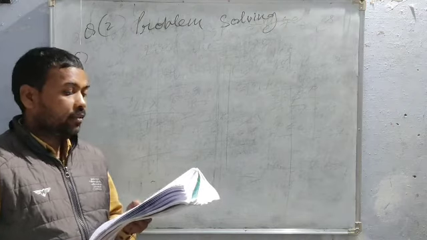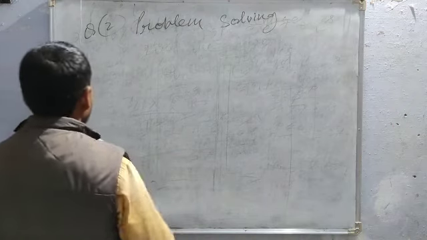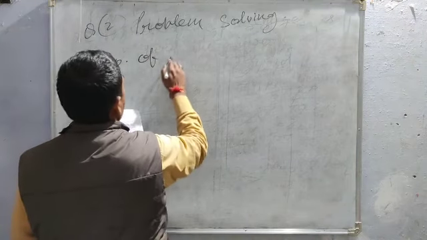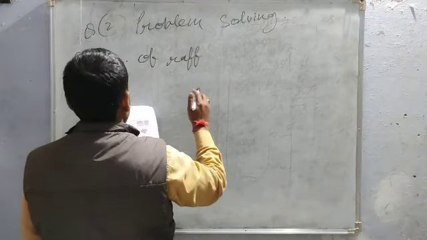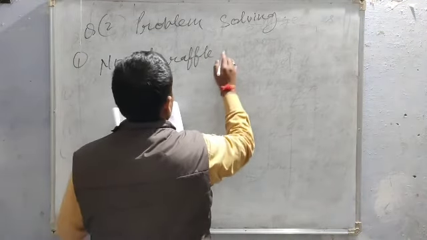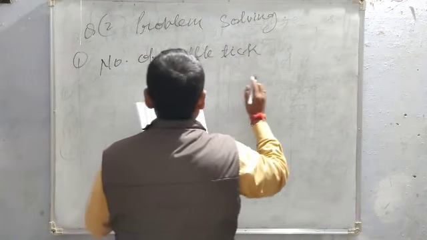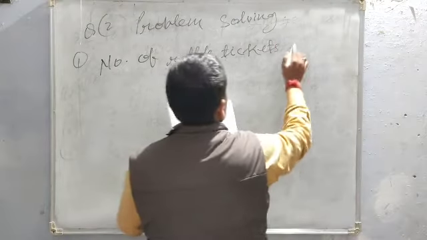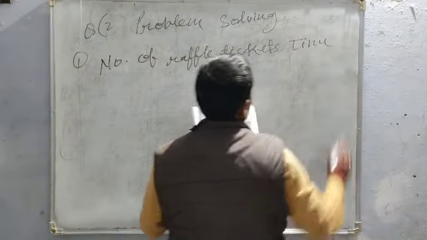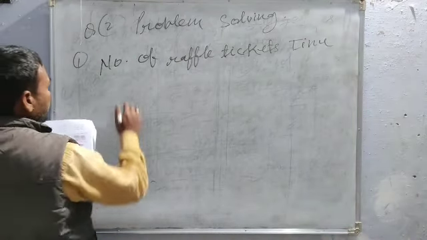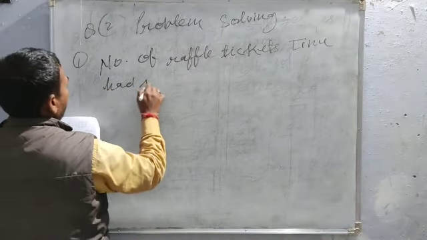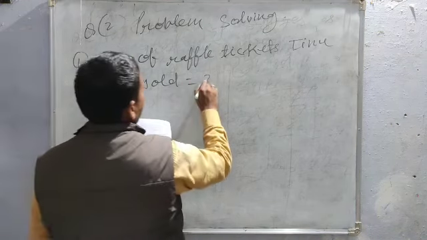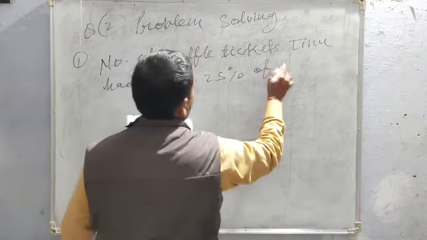Number of raffle tickets Tinu had sold. You can write 25% of 32.